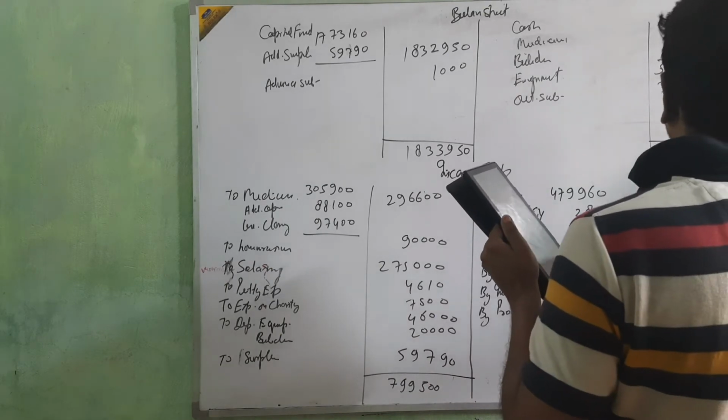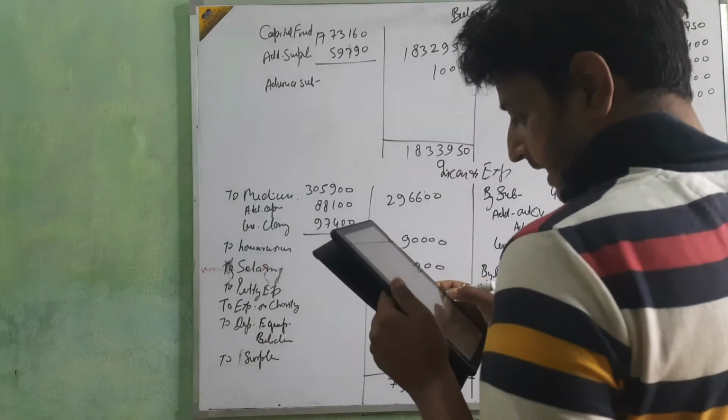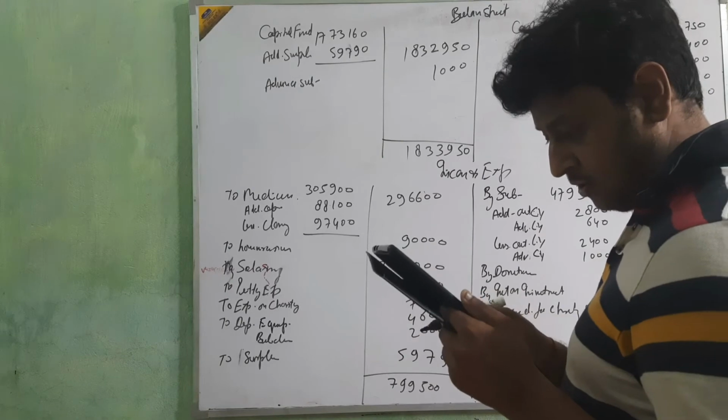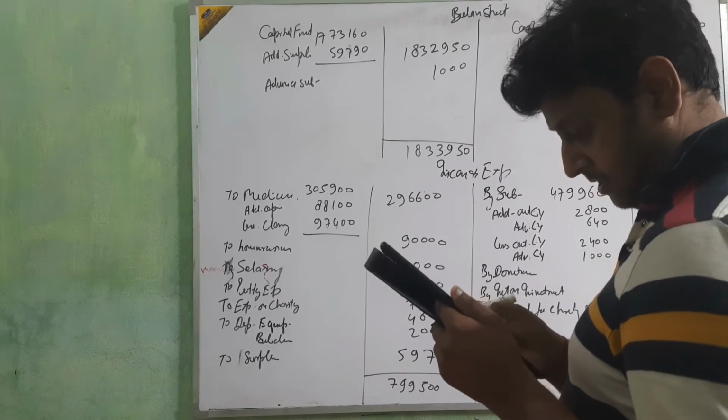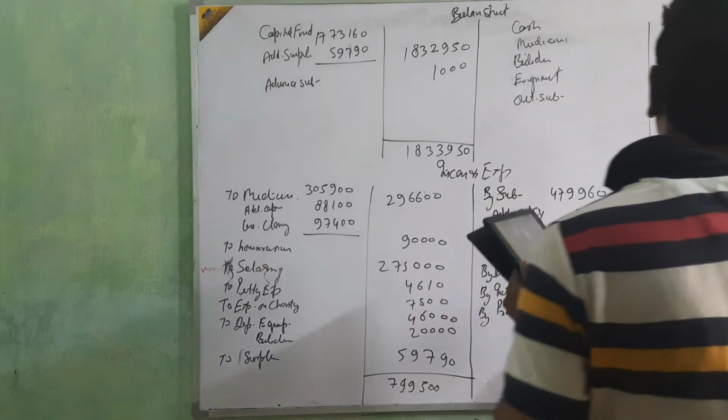Clear? Anything else? Just see again. Is there any adjustment? No. Subscription finished. Everything is finished. Just totaling.